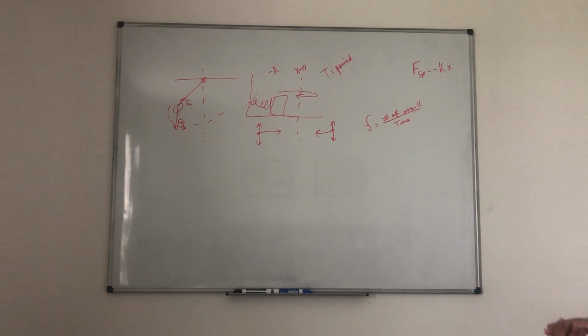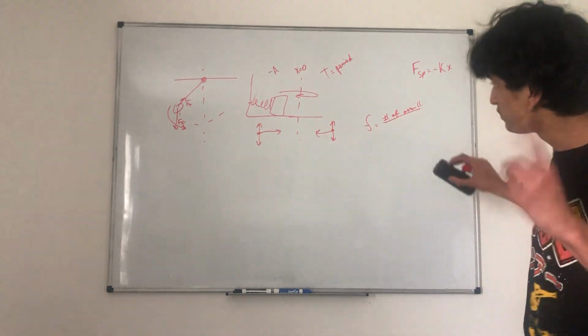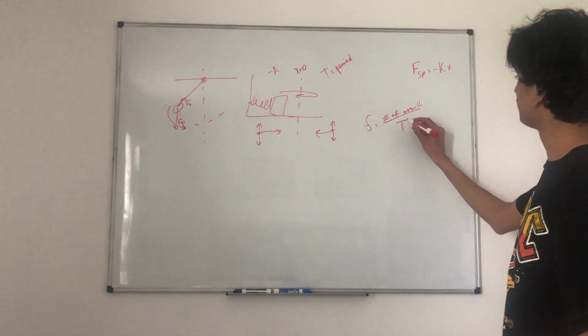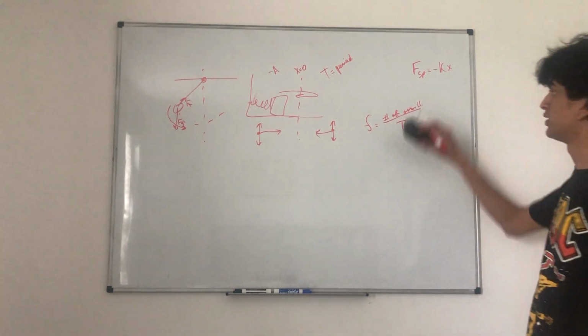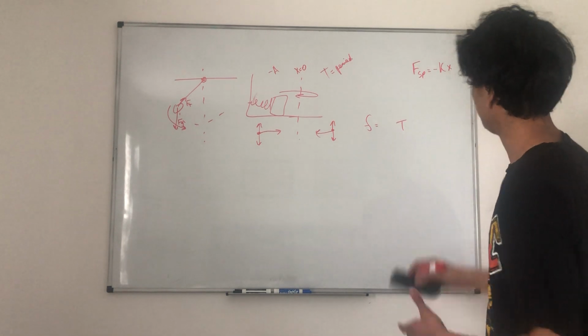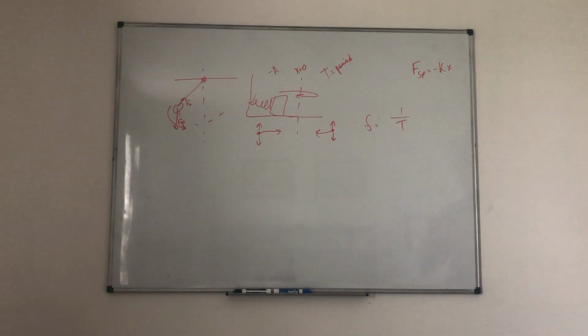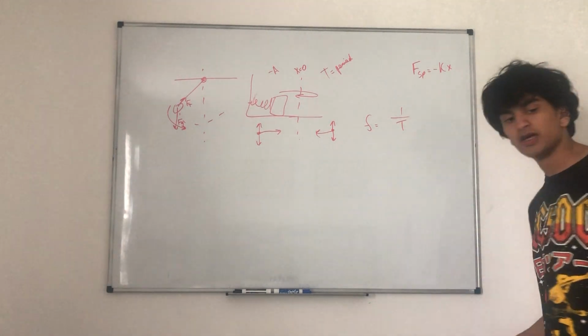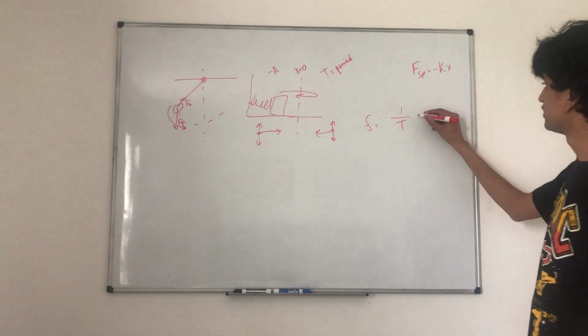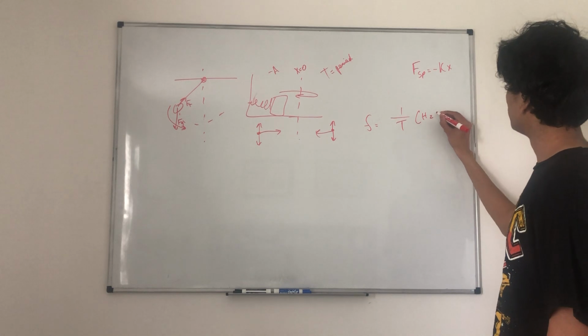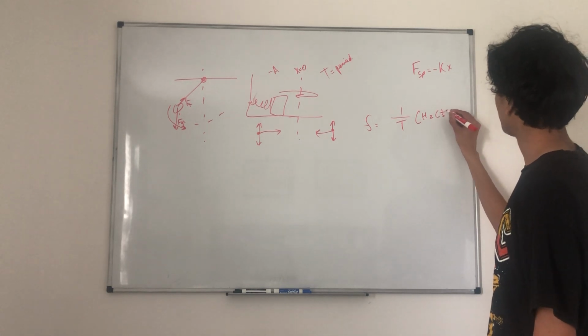Well, we know that in a period amount of time, so in one period, the number of oscillations is 1. So you could do 1 over period. Or yeah, 1 over T is going to be your frequency, because in one period, there's 1 oscillation. And this will have a unit of hertz, which is just the same as 1 over second.